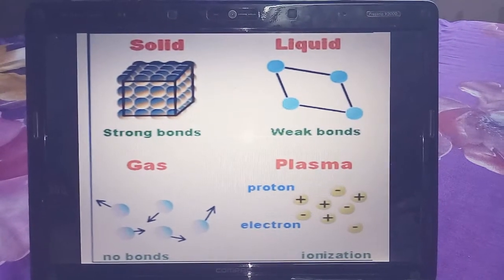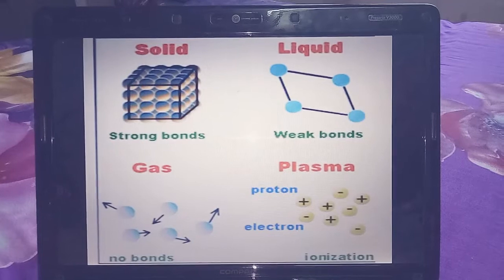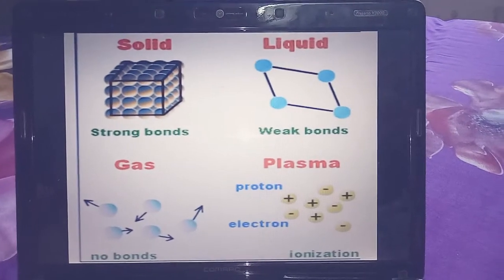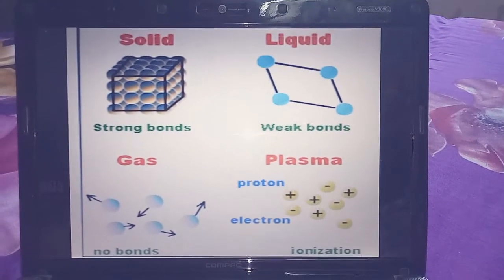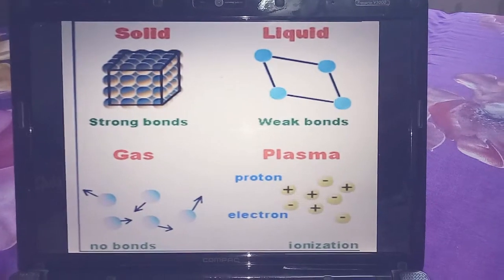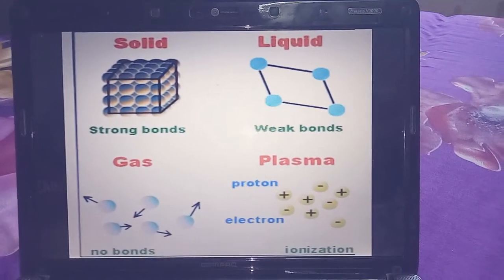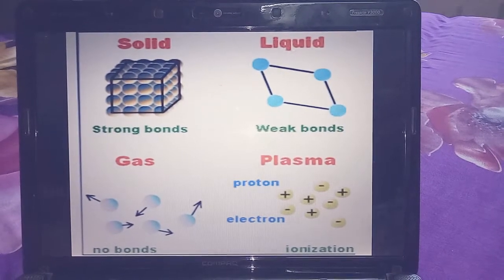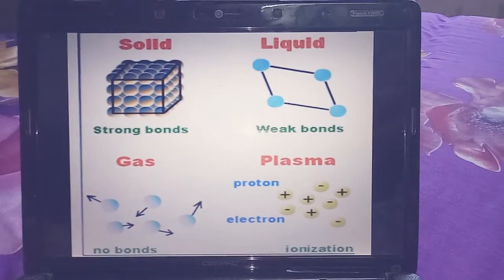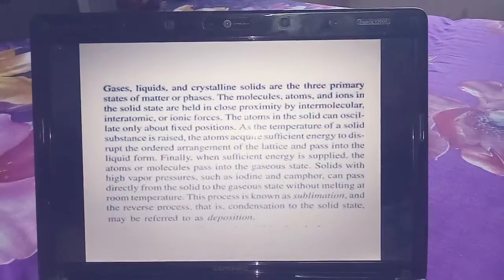In liquids, you can see that it consists of weaker intermolecular forces of attraction. In gases, you can see that there are no bonds between the molecules. And the fourth classification, that is plasma, consists of protons and electrons.